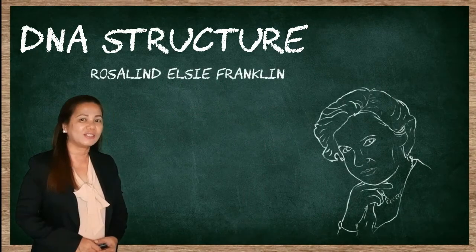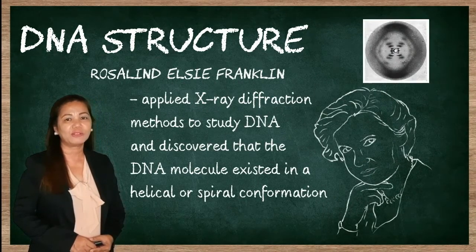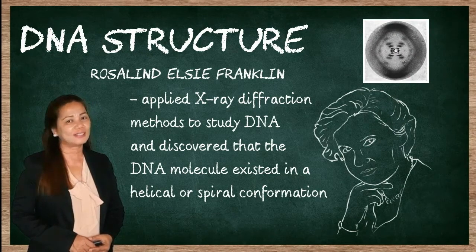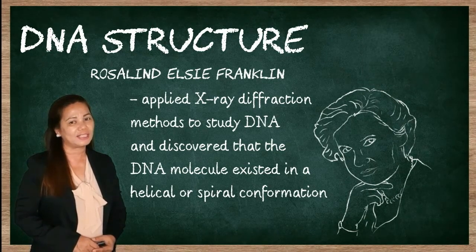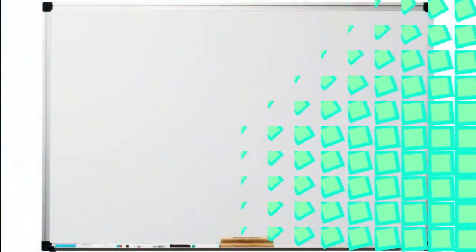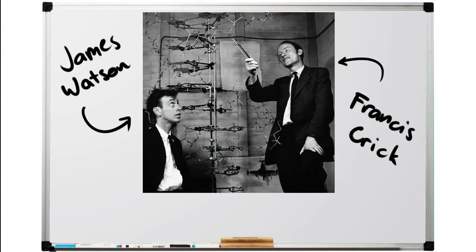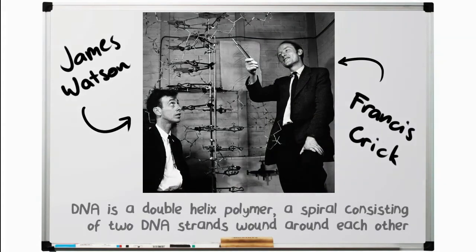The British scientist Rosalind Elsie Franklin applied X-ray diffraction methods to study DNA and discovered that the DNA molecule existed in a helical or spiral conformation. This led to the suggestion of James Watson and Francis Crick that the structure of DNA is a double helix polymer, a spiral consisting of 2 DNA strands wound around each other.